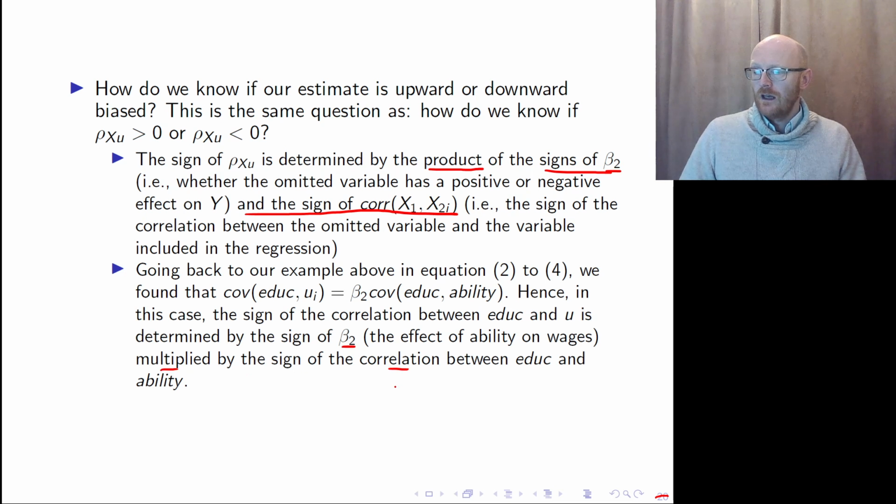Okay, which means that if these two variables are positively correlated and ability has a positive effect on wage, then you would expect our estimate to be upward biased.